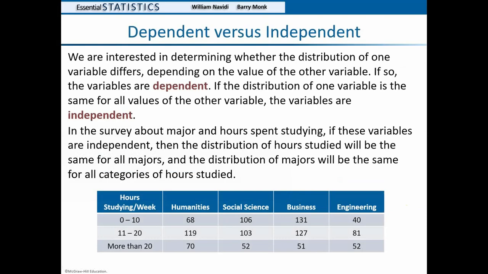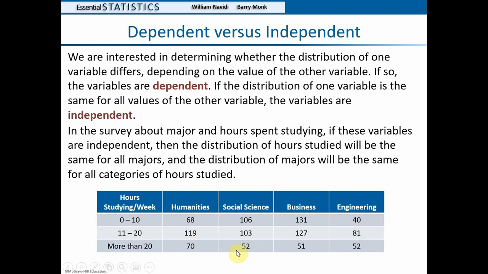So what we're going to do is look at this and determine, this is called a test for independence. So what we're going to see is, does the number of studying hours per week depend on the major, or is it basically independent? These are 0 to 10. If these numbers are all very similar, there's no major difference.